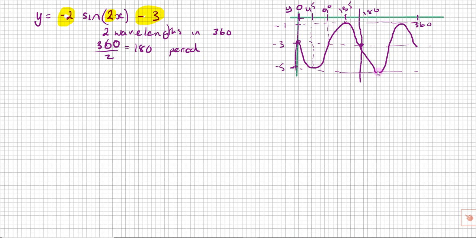So I've got 180, the next minimum has got to be at 225. This one will be at 270. This point will be at 315. Every 45 degrees, isn't it? So instead of being every 90 degrees, because we've halved everything, it's now every 45 degrees. But they are my important points.